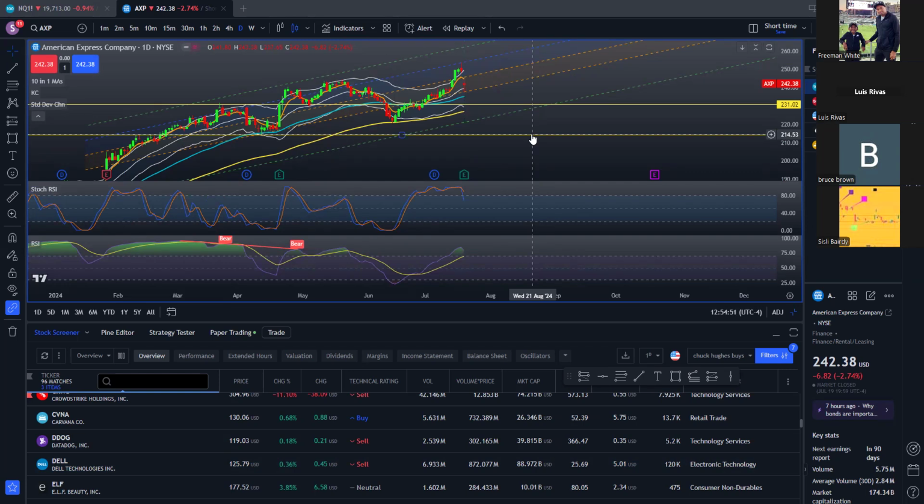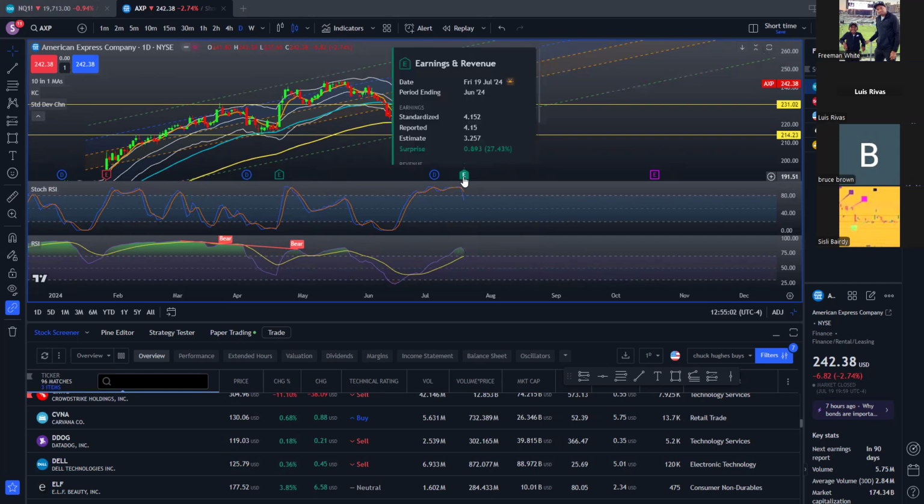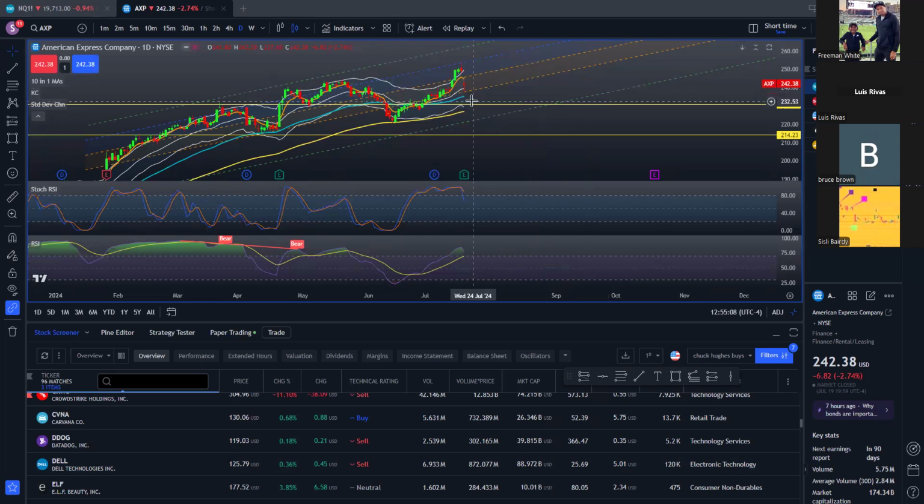It just had earnings, but it's still pushing up. So it has to break this resistance and hold, like really hold that resistance. It went higher, but then whatever news, the earnings revenue jacked it up. But this could still be a bounce back. American Express is American Express, baby. It ain't going nowhere.